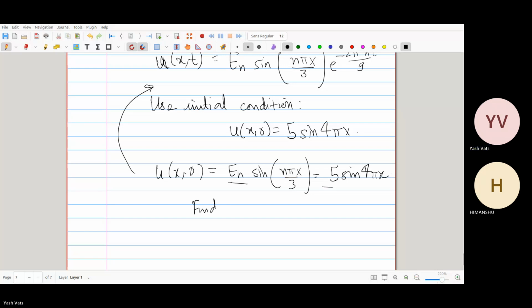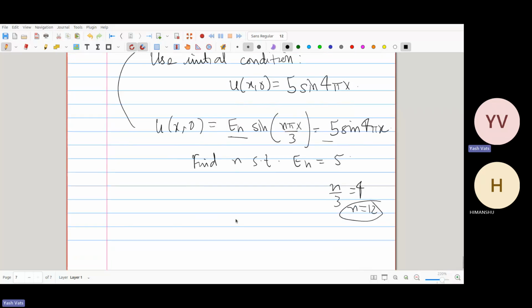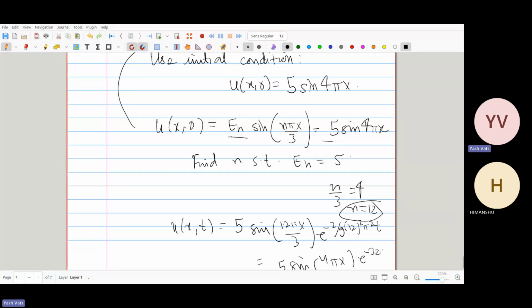Find n such that e_n is 5, or n pi by 3 is 4. So n is 12. So it is just e_12. So u(x,t) is 5 times sin(4 pi x) and e to the power minus 32 pi square t.